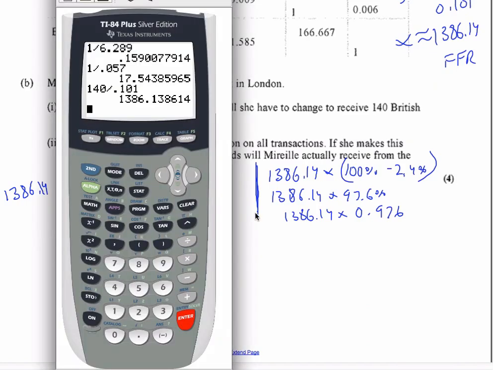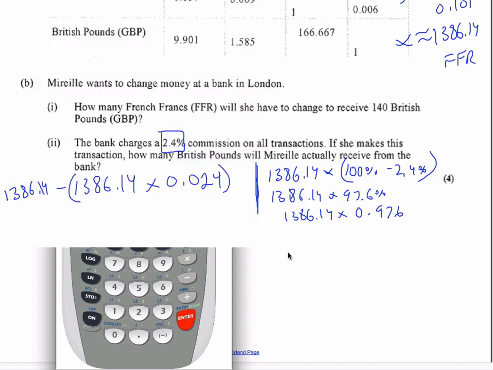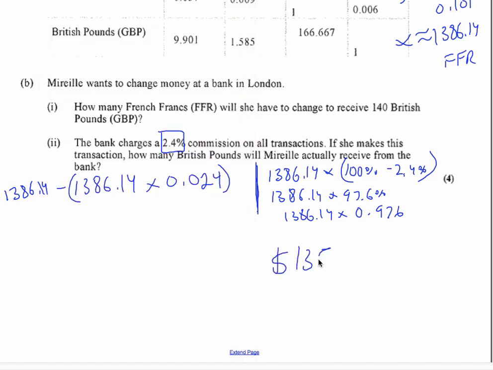I'm going to do that now. I have the number already in my calculator, so I'm going to go times 0.976. And we get this amount: 1352.87. 1352.87 is our answer.